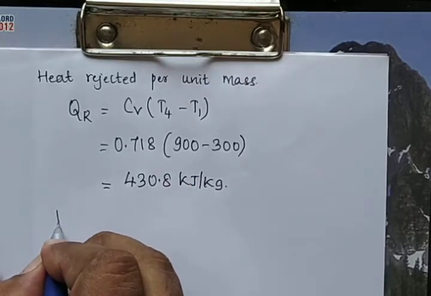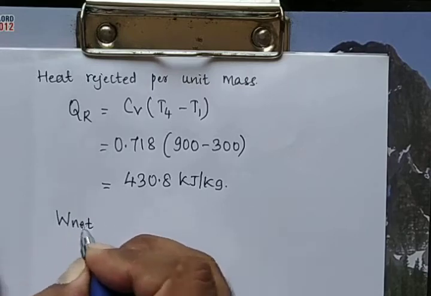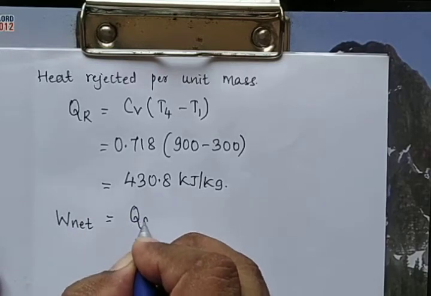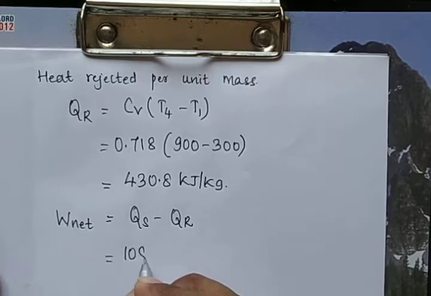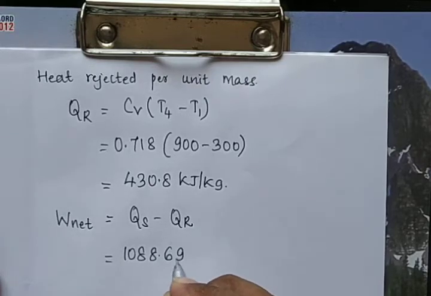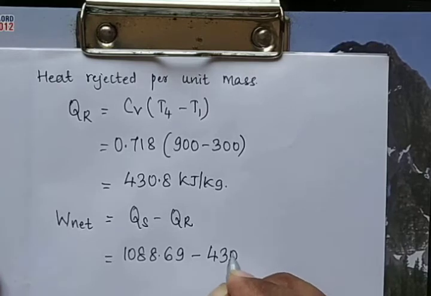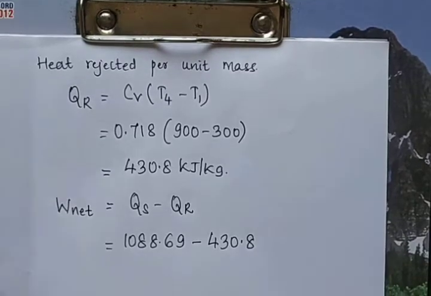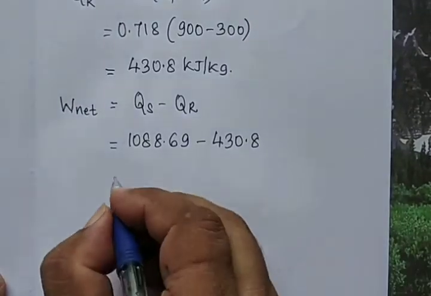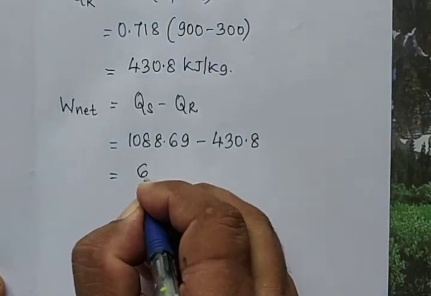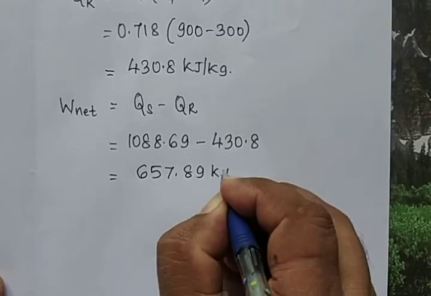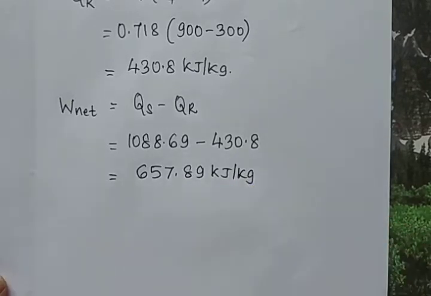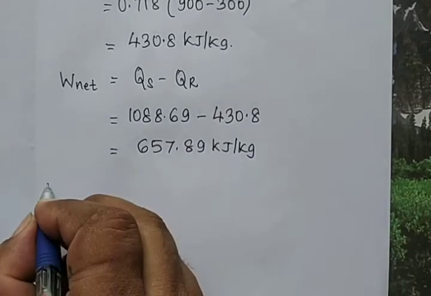Then find out W net. Net work W net is Qs minus QR. That is 1088.69 minus 430.8. So upon subtracting, we get the value as 657.89 kilojoules per kg. Then find out thermal efficiency.